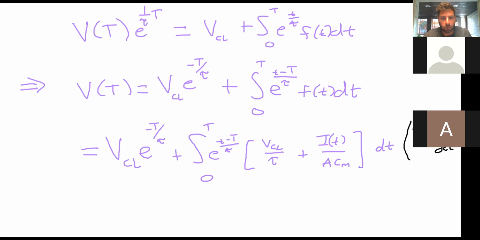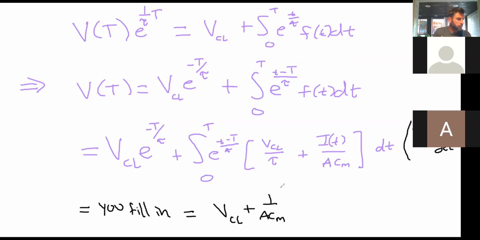What I want you to do, and I want you to fill in the details now, is show that this ultimately comes down to this: v sub CL plus 1 over A C sub M, this integral, and then this is I. So if you distribute this through and integrate this term right here, it'll simplify to that. So that'd be good practice for you.